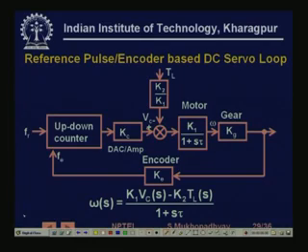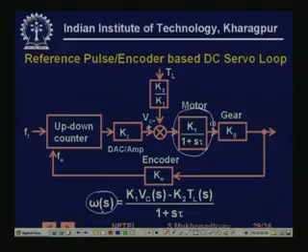So here we have a reference pulse system, and we are driving a DC servo. So it's not a stepper motor case. This is the motor transfer function. It turns out, when we study DC motors, that we are trying to control the speed.